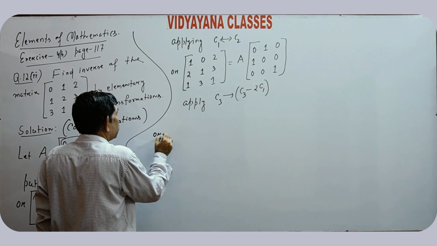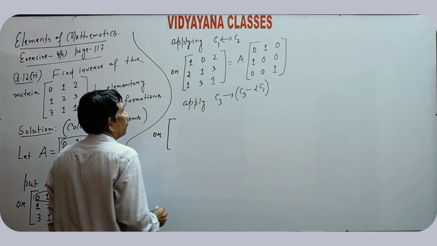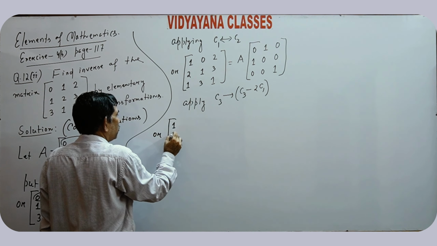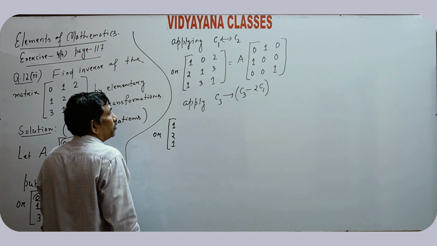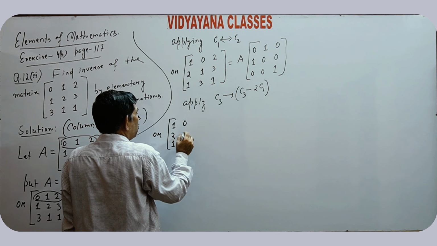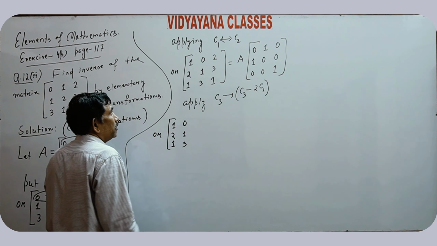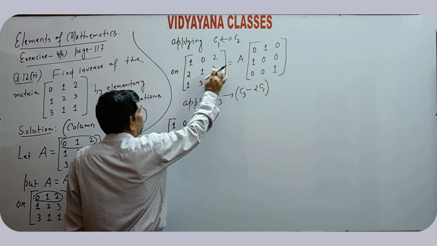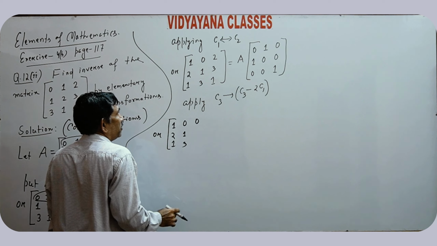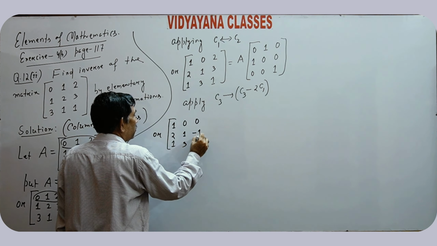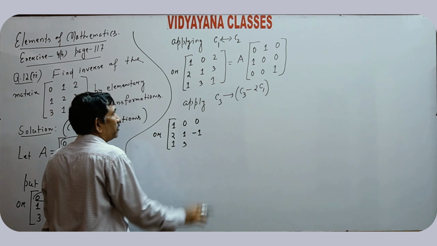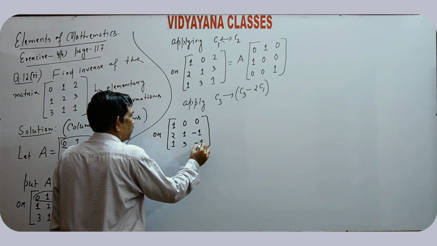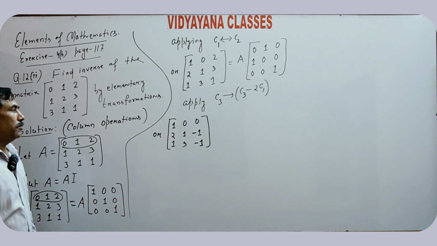It gives no change of column 1: 1 2 1, no change of column 2: 0 1 3, C3 minus 2 times of C1: it will be 0, 3 minus 2 times 2, that is equal to minus 1, 3 minus 4, 1 minus 2 times 1, that is equal to minus 1. Clear?